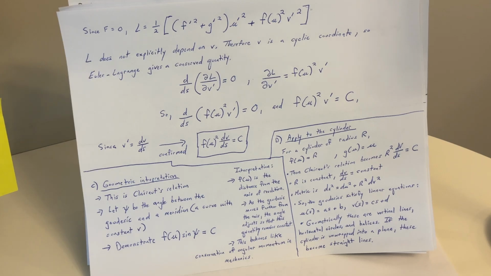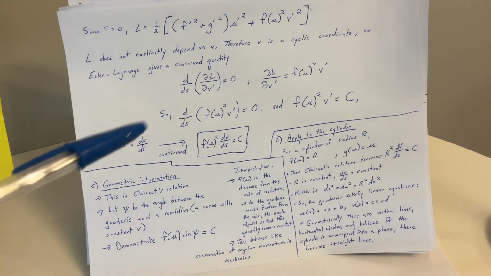So that's what we're dealing with. Now, here's the nice thing. L does not explicitly depend on v. Therefore, v is a cyclic coordinate. So Euler-Lagrange gives a conserved quantity.